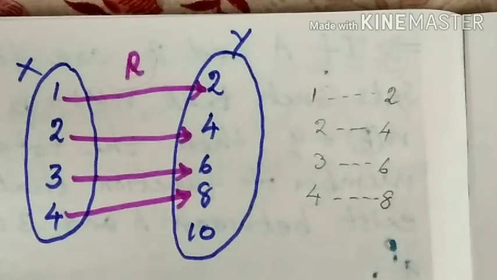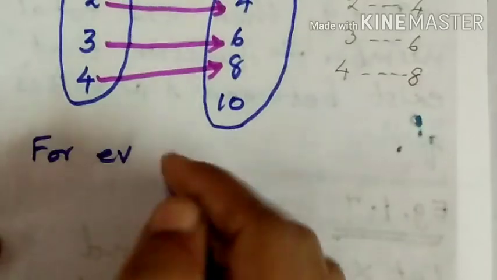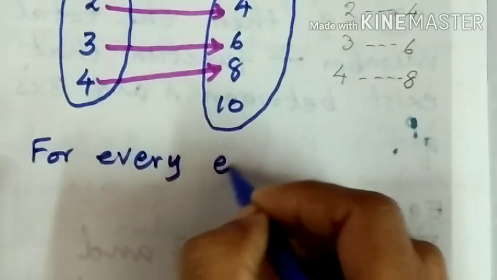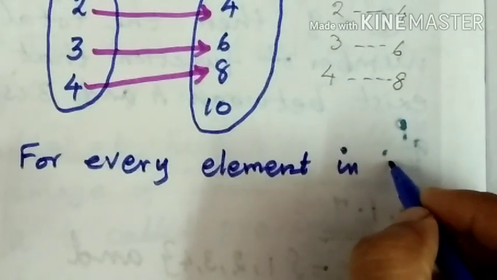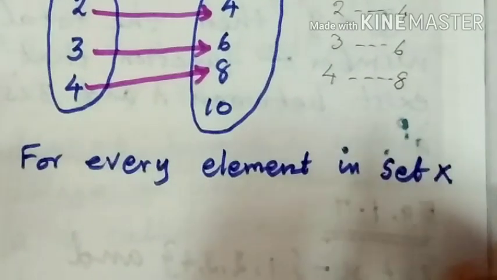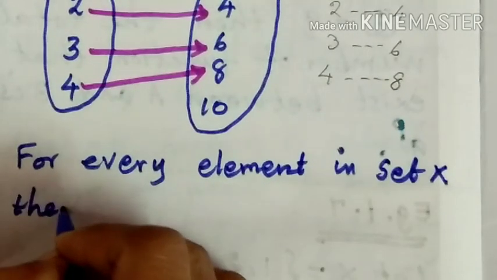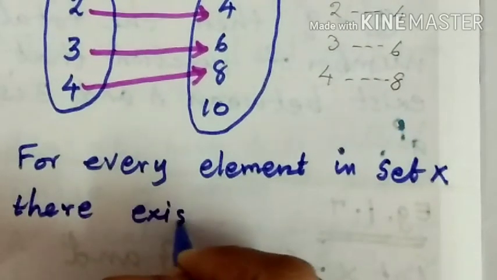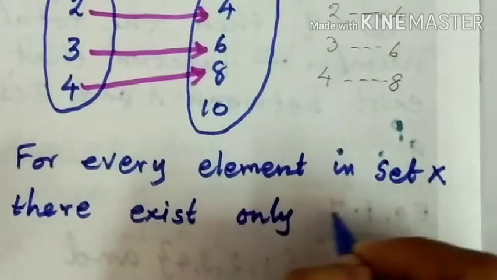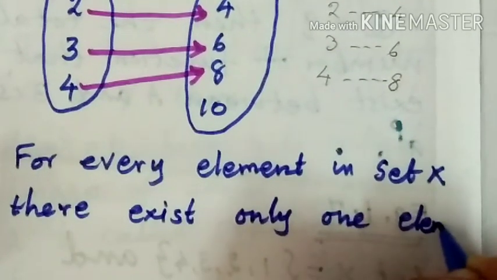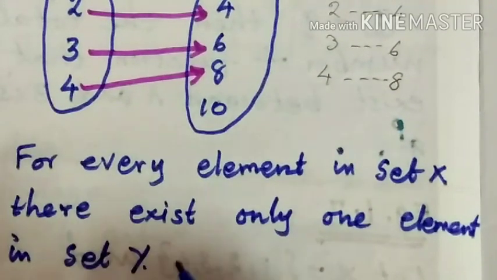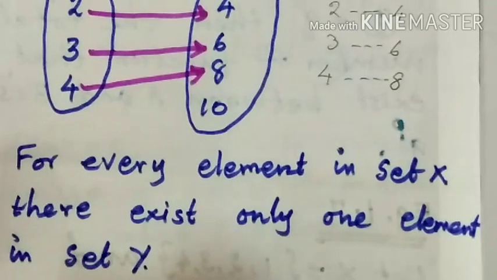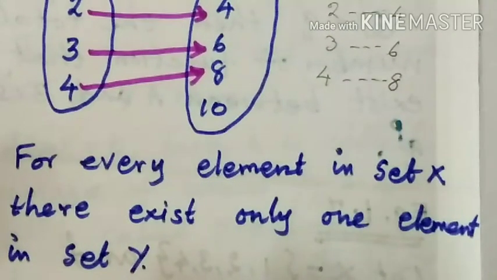Okay, now you write down the reason. For every element in set X, there exists only one element in set Y. Therefore, R from X to Y is a function.